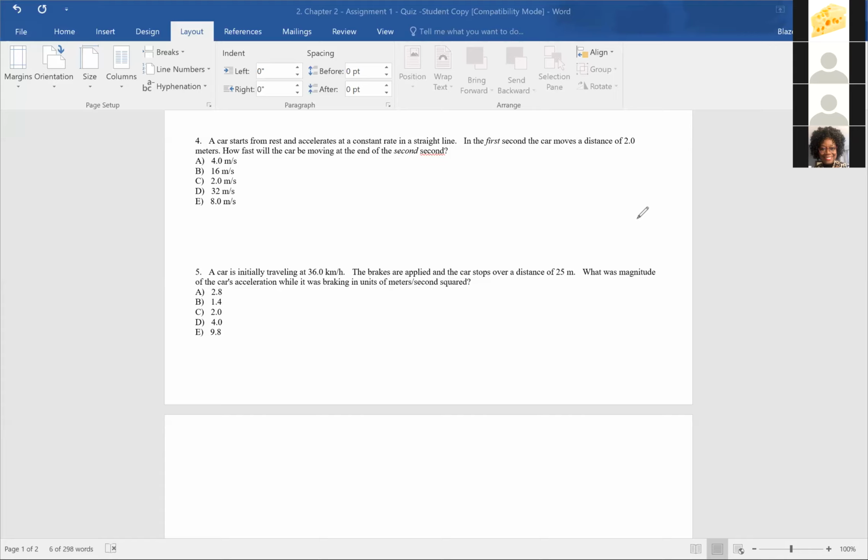And the other half, I need to spend making sure that you understood chapter 1, especially the problem on the components of a vector. In fact, I'm going to go over that again, hopefully tomorrow. Okay, let me find the assignment. Give me just a minute.